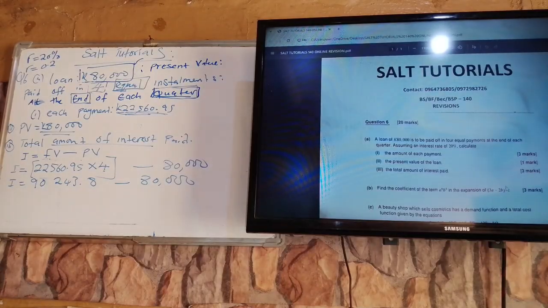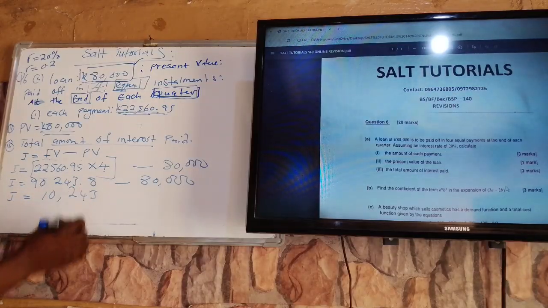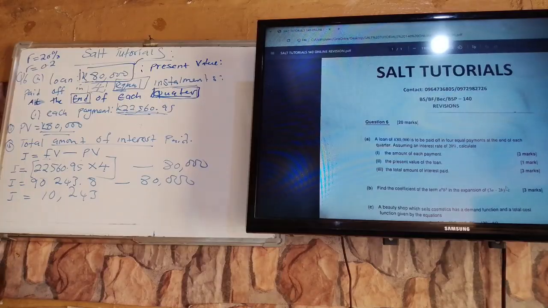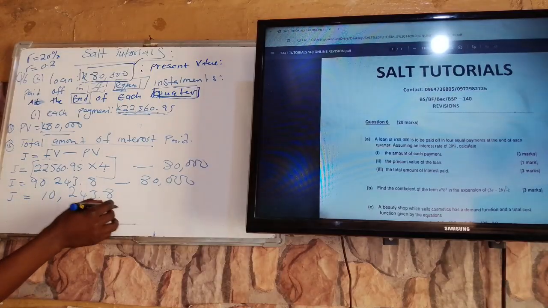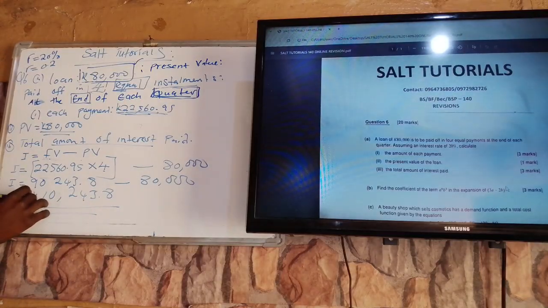When we subtract the 80,000, we are going to have the interest paid, which will be 10,243.8. As simple as that.